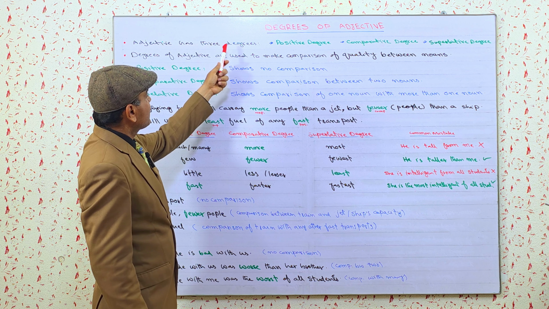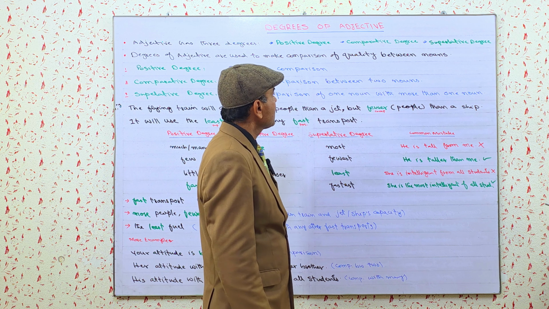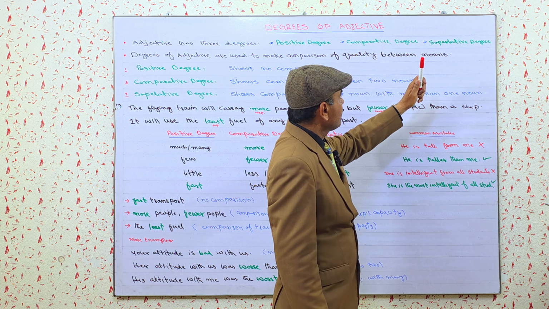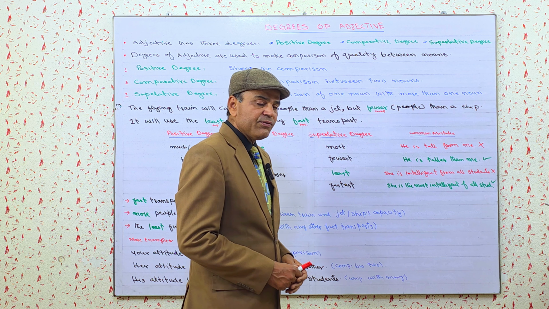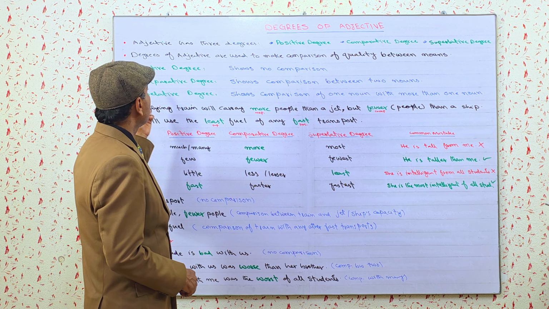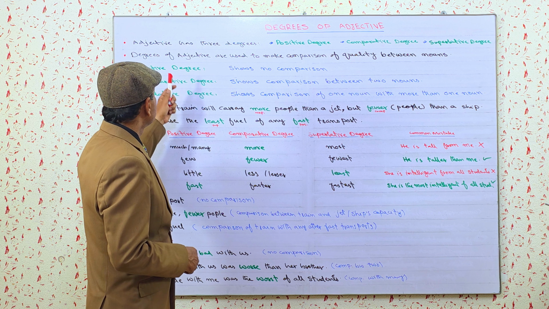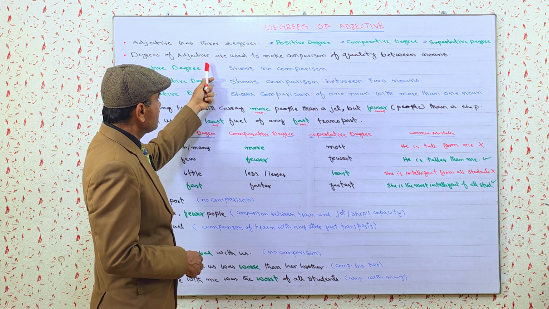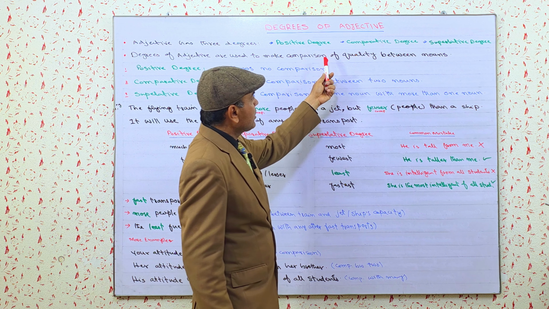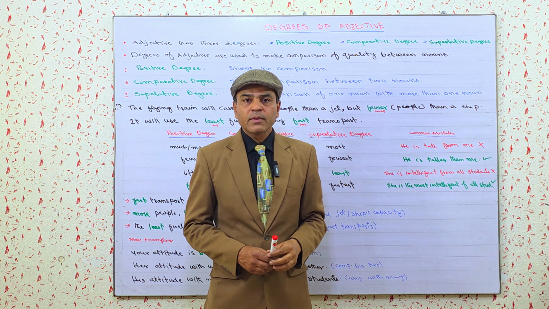Adjective has 3 degrees: positive degree, comparative degree, and superlative degree. What is the function of adjective? Especially when we talk about its degrees, when the degrees of adjectives are used, they make the comparison of quality between nouns.